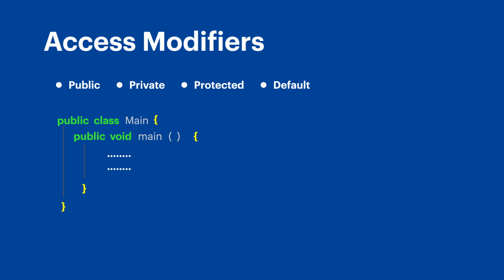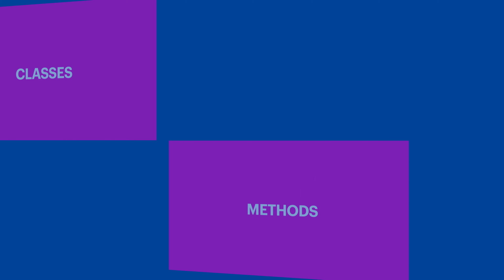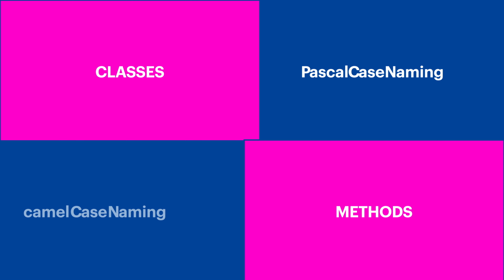Well, we have talked about a lot of stuff till now, but you might be wondering, why did we use a capital M in the class name and a small m in the main method name? So here, the naming conventions play a major role. Classes are named by Pascal naming convention, while method names are given by camel case convention.